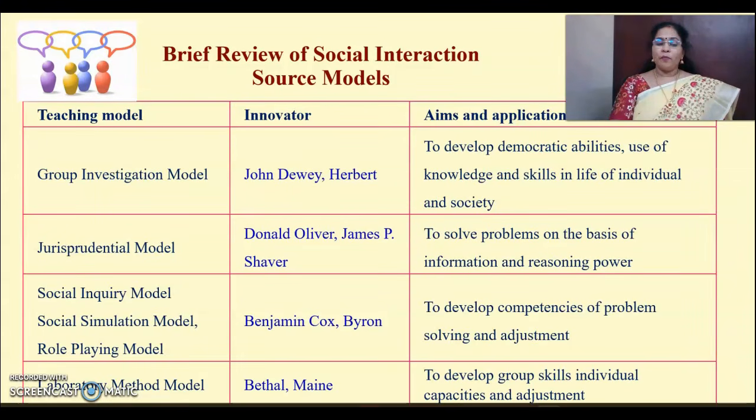Group investigation model proposed by John Dewey and Herbert Thelen to develop the democratic abilities and use of knowledge and skills in the life of individual and society. Jurisprudential model developed by Donald Oliver and James Shaver to solve the problem on the basis of information and reasoning power.